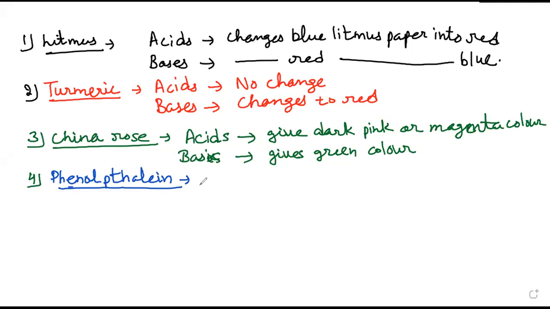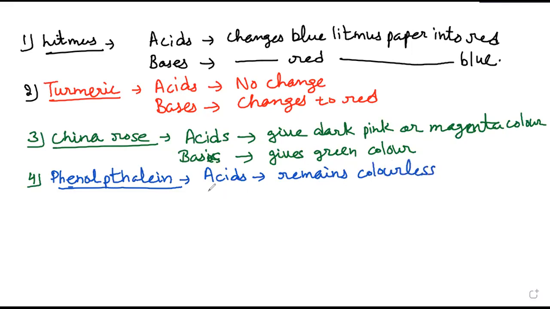It is prepared by dissolving solid colorless crystals of phenolphthalein in alcohol and water, resulting in a colorless solution. Okay, so when added to an acid solution, it remains colorless, but when added to a base, it gives bright pink.